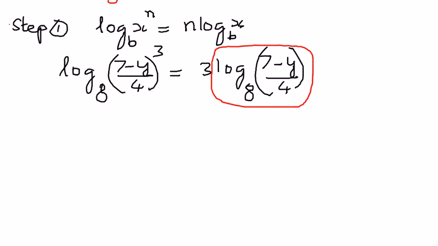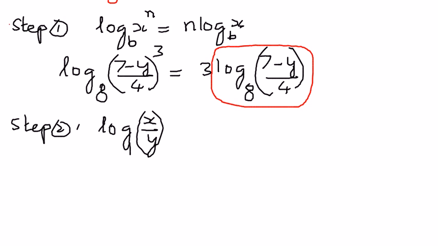When we apply the quotient rule, let me write that as step 2. The quotient rule is telling us that if we have log of x over y to the base b, we can write this as log x to the base b minus log y to the base b, isn't it?